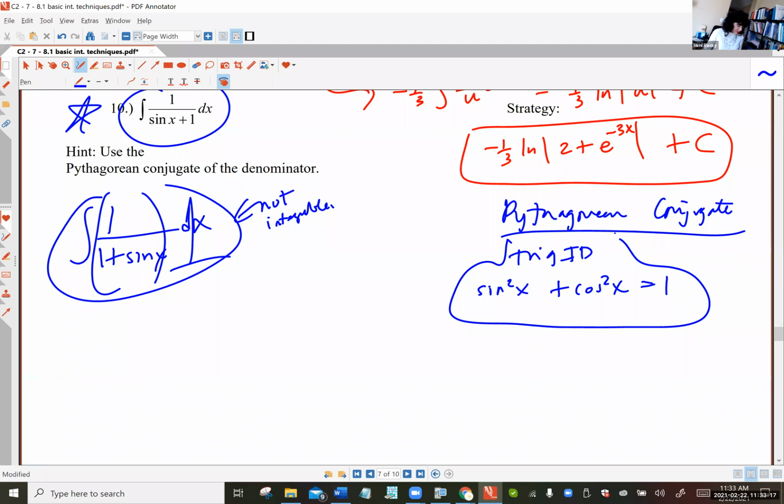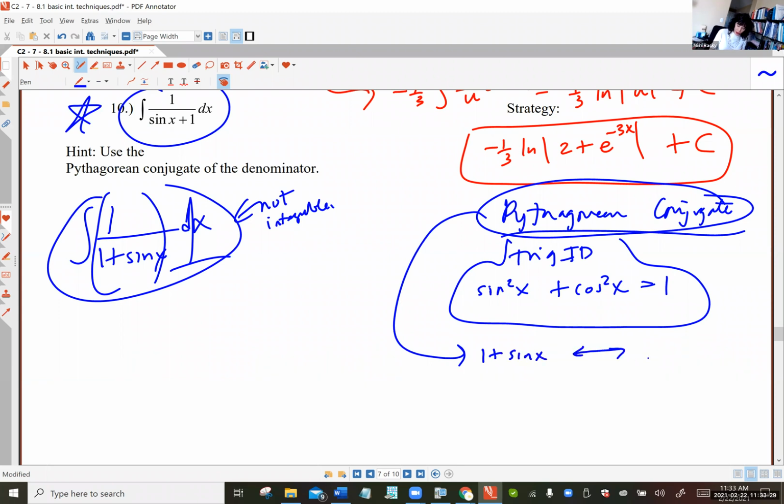Well, it turns out that it's going to be helpful in this problem. Further, this idea of a Pythagorean conjugate, the Pythagorean conjugate of 1 plus sine x is 1 minus sine x. And who cares? Because when you multiply these together, something very nice happens.